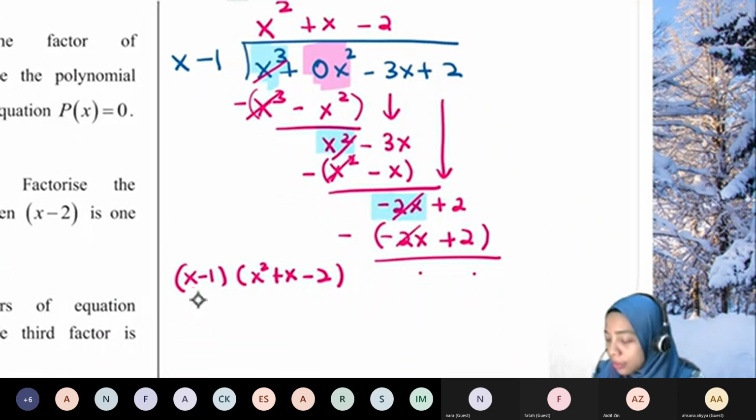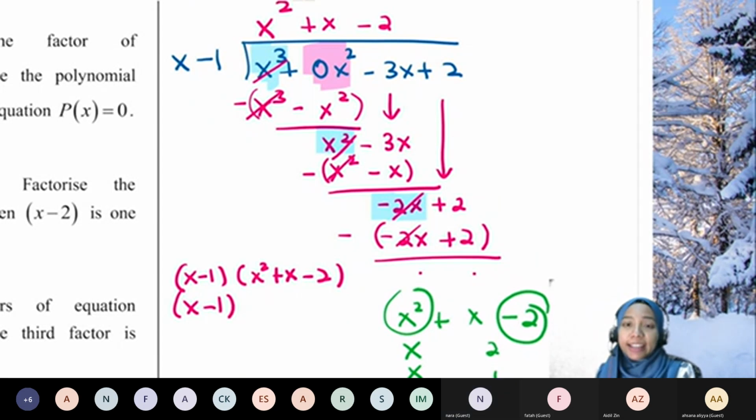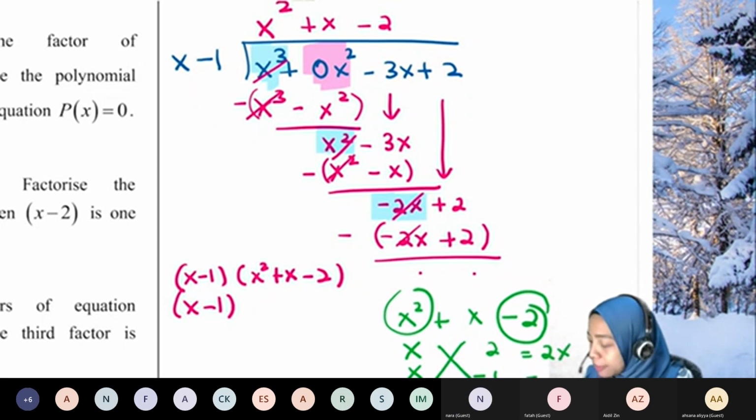Okay, you factor once again. Okay, mari kita buat conteng sikit. X square plus x minus 2. What makes x square? X dengan x. What makes negative 2? 2 dengan 1. Tapi 1 salah and satu 2 mesti negatif. Dekat mana? Negative dekat bawah. Supaya bila darab silang, ini dapat 2x, ini dapat negatif x.